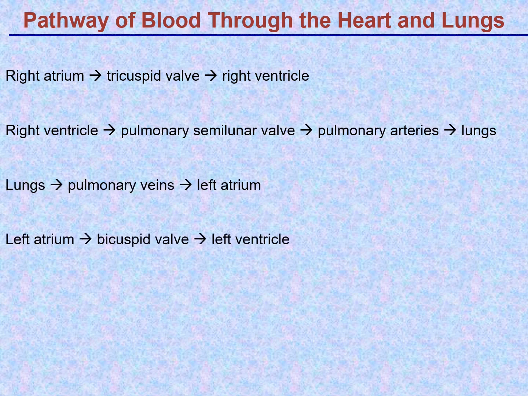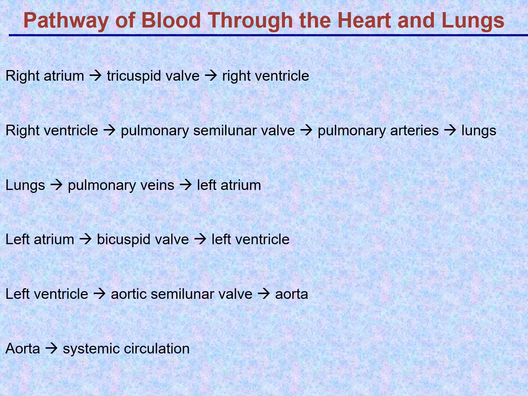And all of that is shown here, including the names of the valves, which you need to know. Between the right atrium and the right ventricle is the tricuspid valve. Between the right ventricle and the pulmonary arteries exiting the heart is the pulmonary semilunar valve.